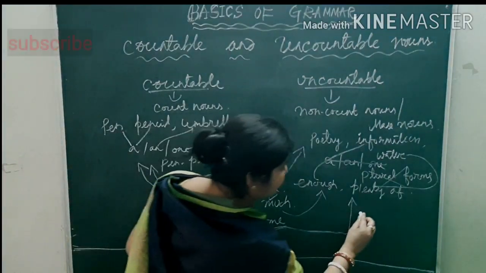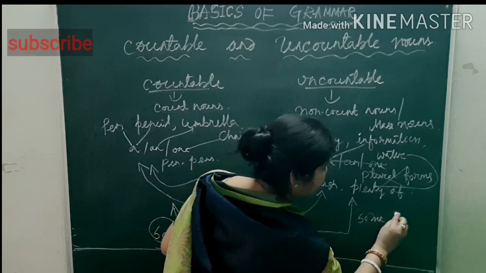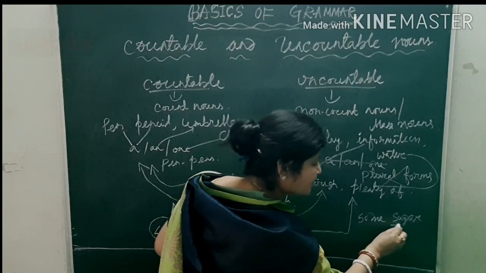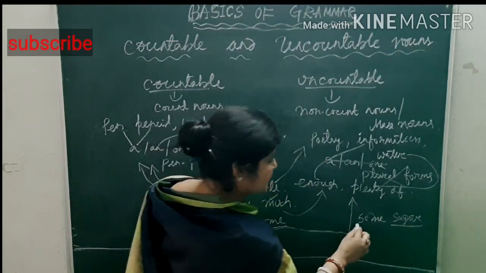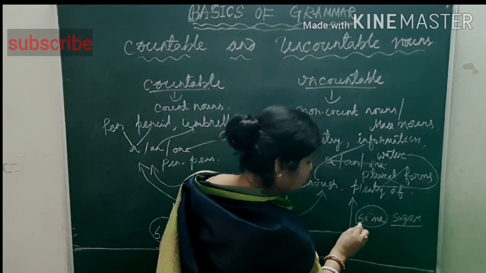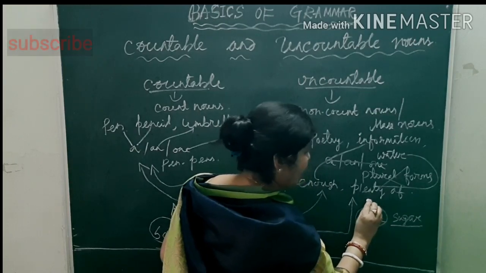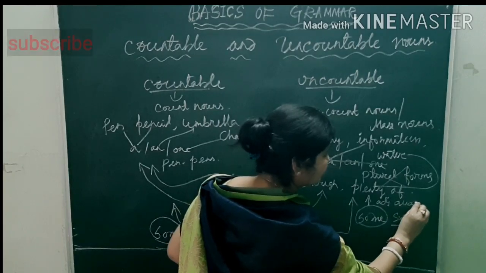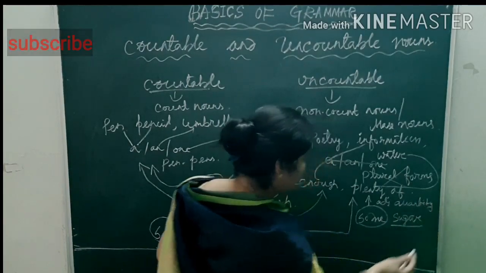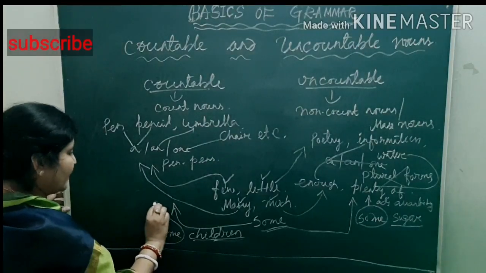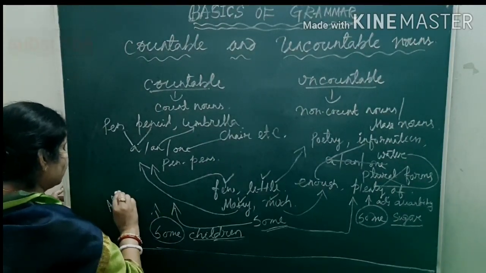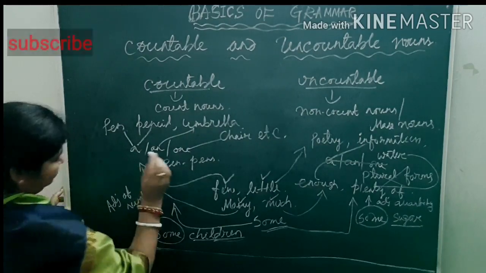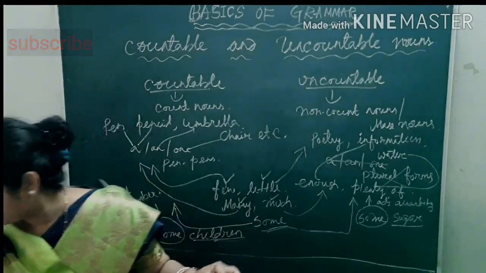But when we write some sugar, sugar is uncountable. They are known as adjectives of quantity. And here some is known as an adjective of number.